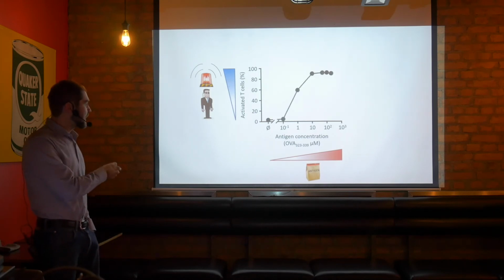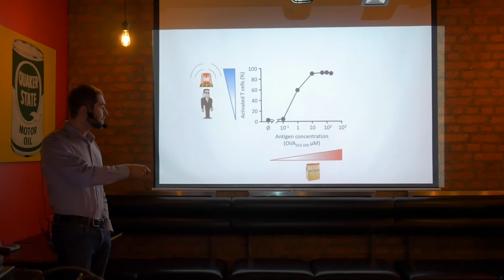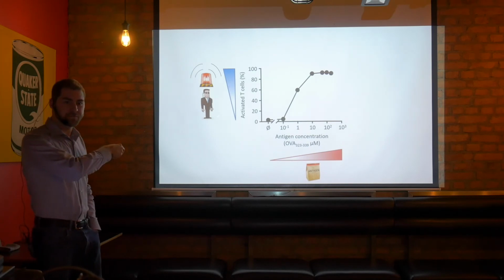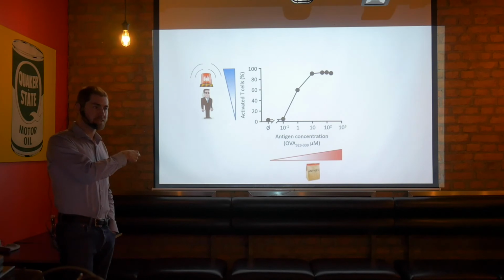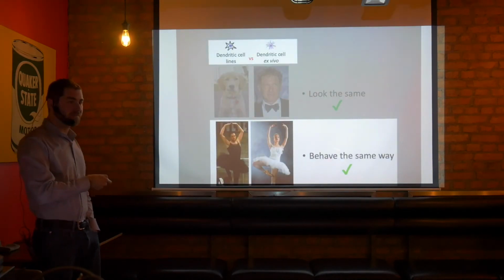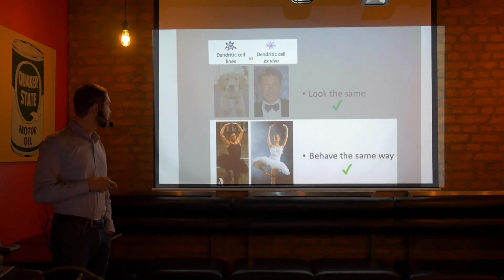And as expected, the more you give them evidence, the more they're able to alert T cells of the presence of a pathogen. So also behave the same, functional, done, it works.